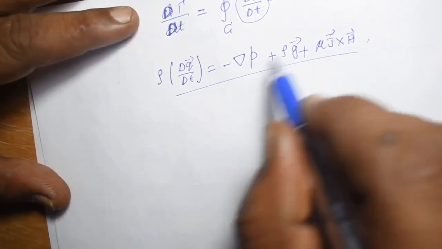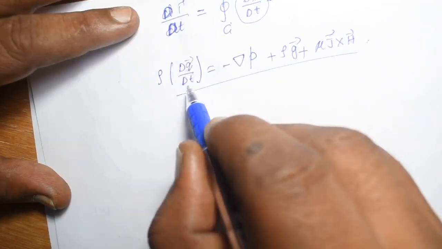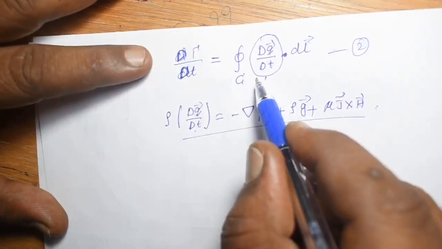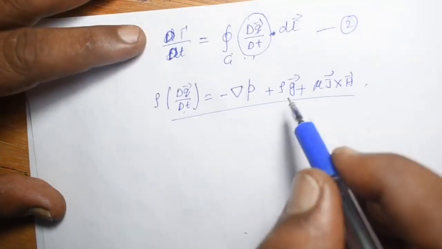So now you have to find all these terms in the form of dq/dt and then substitute in this equation. Let us see how to find the remaining terms.